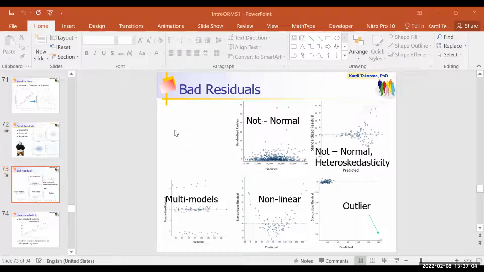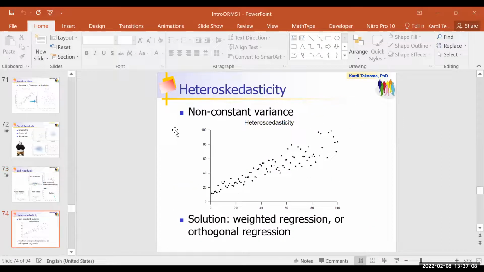So from the residual you will know. And when the variance is not constant, this is called heteroscedasticity. In that case, you will use weighted regression or orthogonal regression. You will not use simple linear regression.